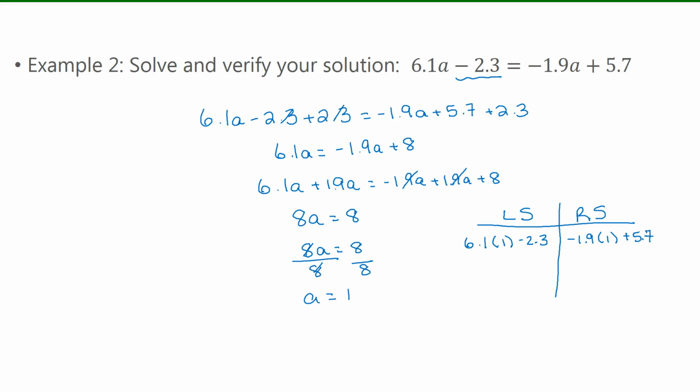So we'll work out each side and hopefully they are equal. On the left, I'll get 6.1 minus 2.3, which is 3.8. On the right, I get negative 1.9 plus 5.7, which is also 3.8. So since the left side and right side are equal, we just verified our solution.